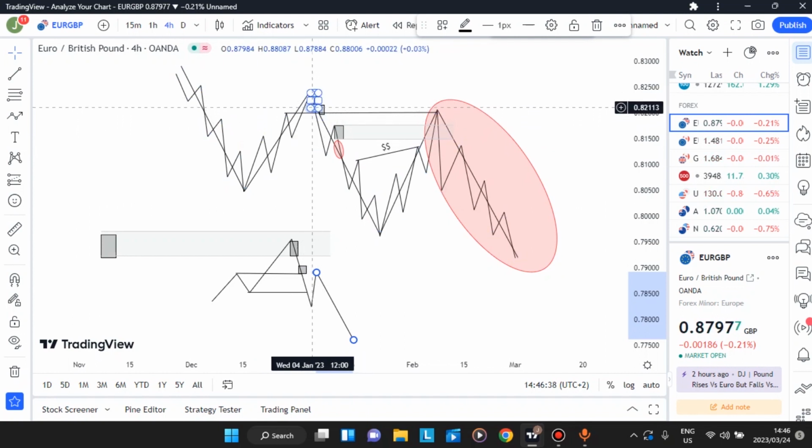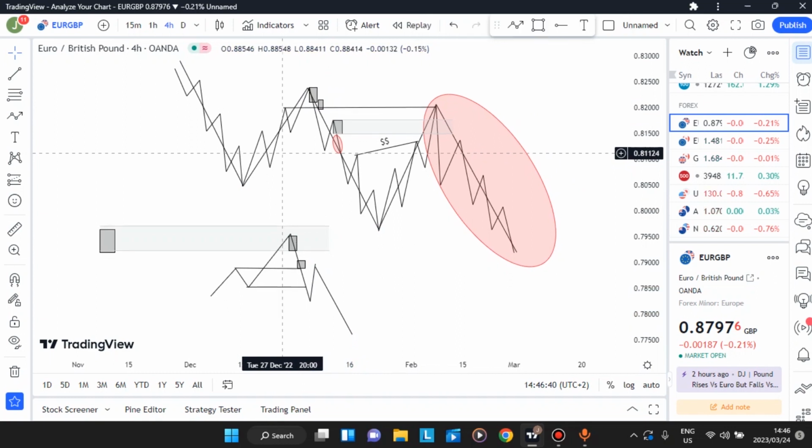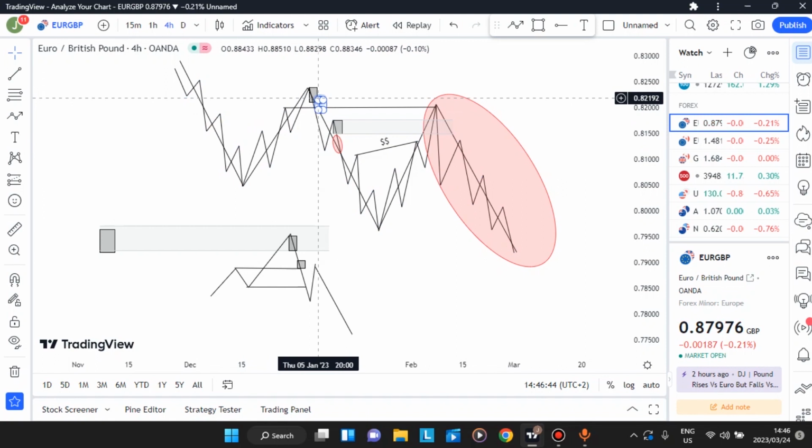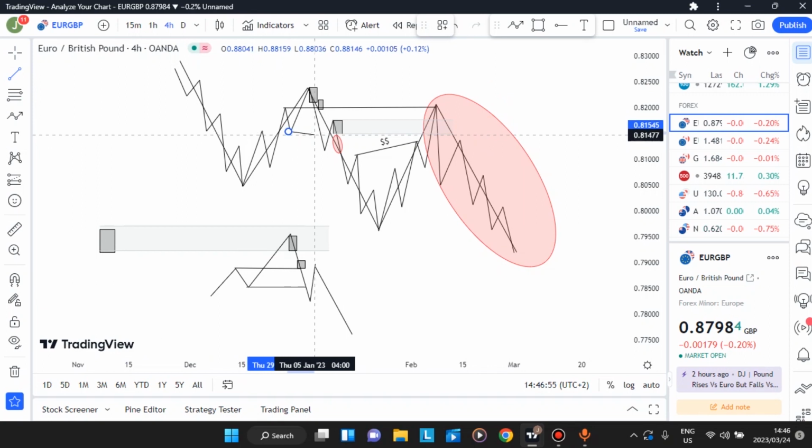So don't be confused. Mainly we have two points of interest. It's going to be this one here at the extreme level, which tends to be near the QML, or it's going to be this point of interest here, which tends to be next to the breaker block.